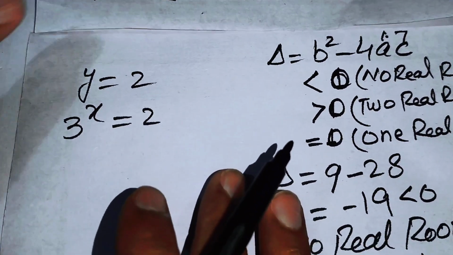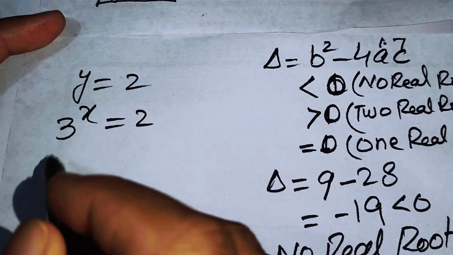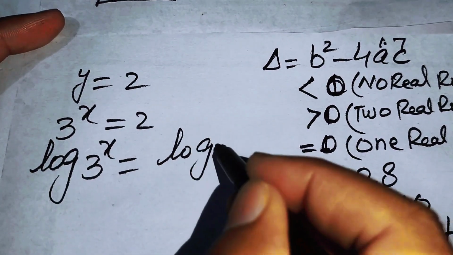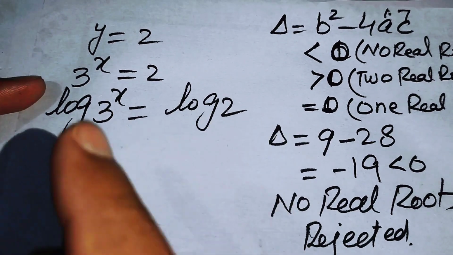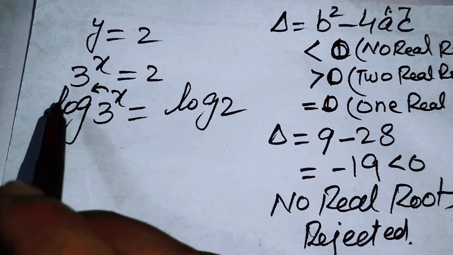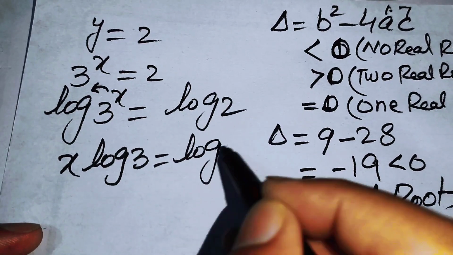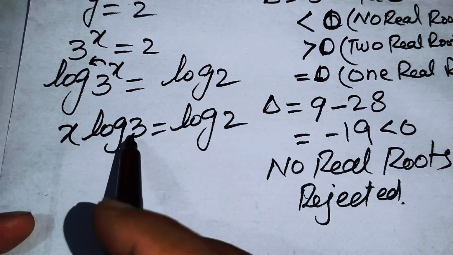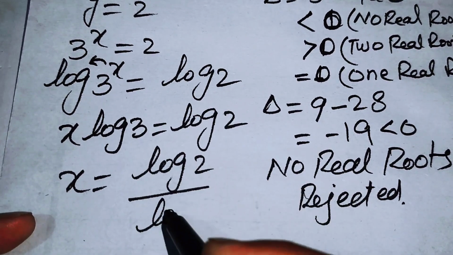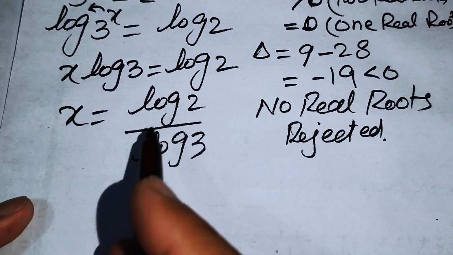Now you get the value of x by taking the natural log on both sides. Using the property of log, the exponent comes in front of the log, and you write x times log 3 is equal to log 2. Now we move log 3 to the right-hand side, and you get x is equal to log 2 over log 3.